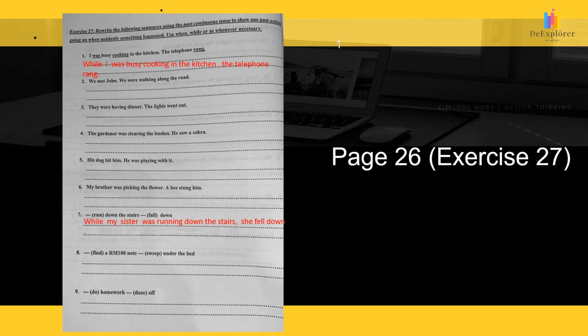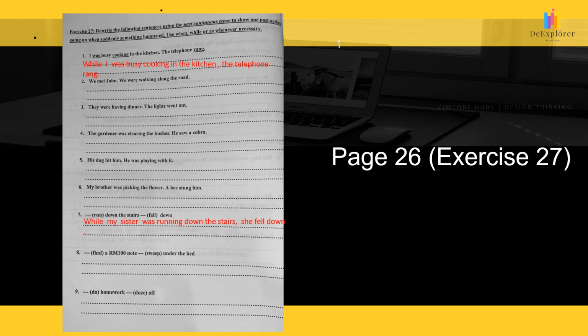So 正在的就是was were ing. So here should be was were doing. 正在做功课啊。突然间 past tense dozed. D-O-Z-E-D. That's your past. Right?